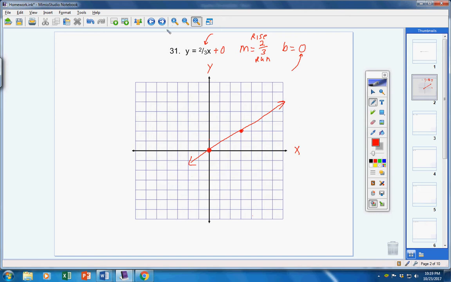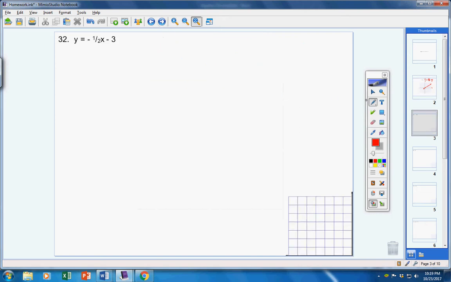Okay? Number 32. Step 1. Get y by itself. And notice that's already done for you. Your slope is the coefficient of the x, or the number that's right beside your x, so negative 1/2.